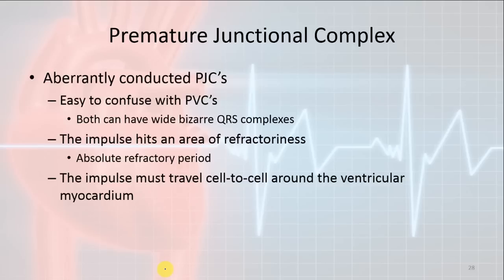What happens in an aberrancy is the impulse hits an area of refractoriness, usually in the right bundle branch. What I mean by an area of refractoriness is an area that is in an absolute refractory period.